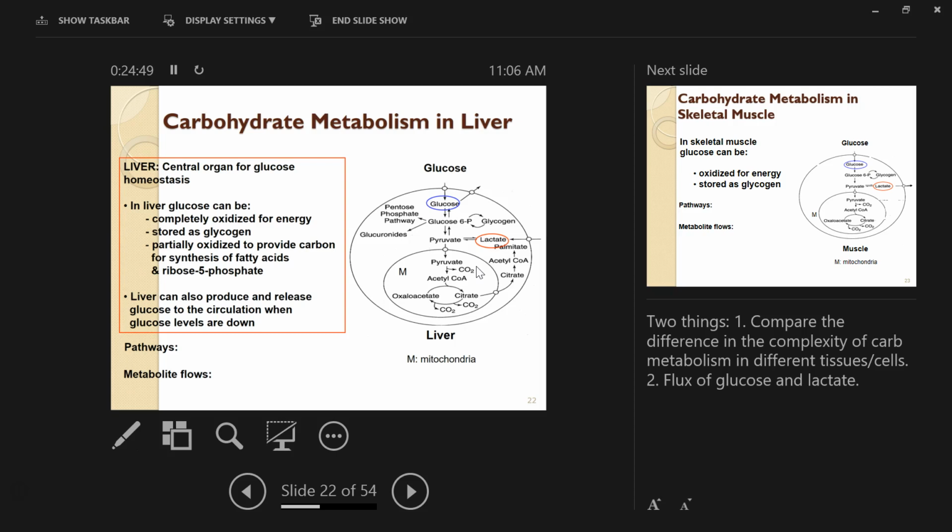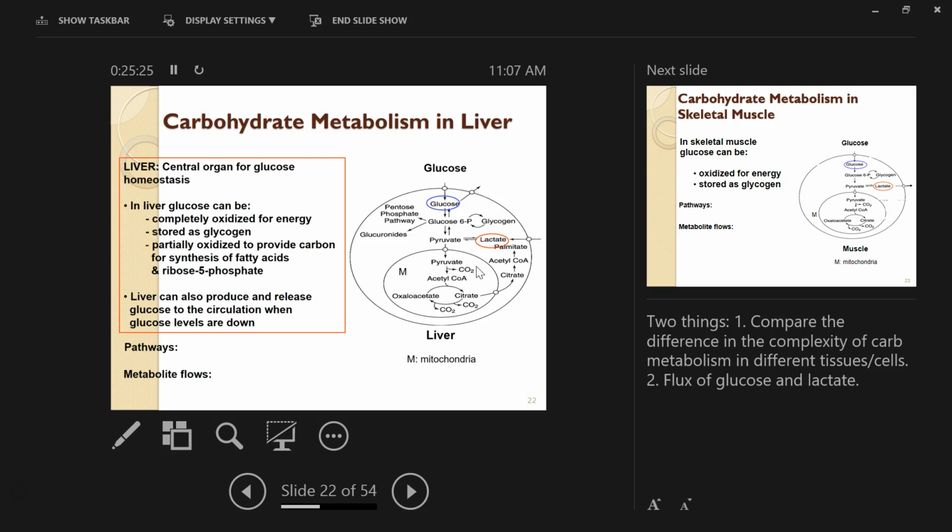Glucose can be completely oxidized: once it enters the liver, it goes through glycolysis, is converted to pyruvate, and pyruvate enters the mitochondria for complete oxidation in the TCA cycle. The liver is also able to do glycogen synthesis in the fed condition, and glycogen breakdown to release glucose into circulation under the fasting condition.